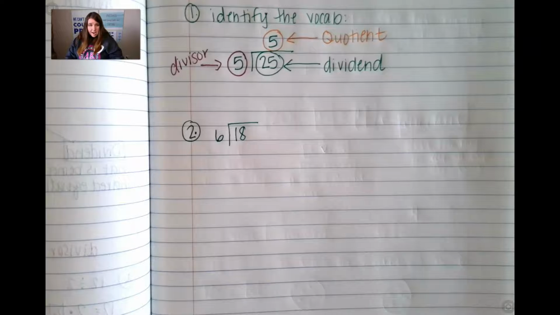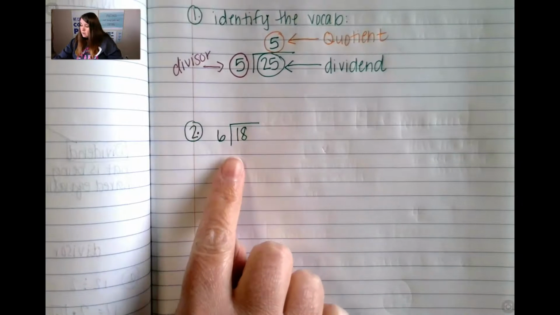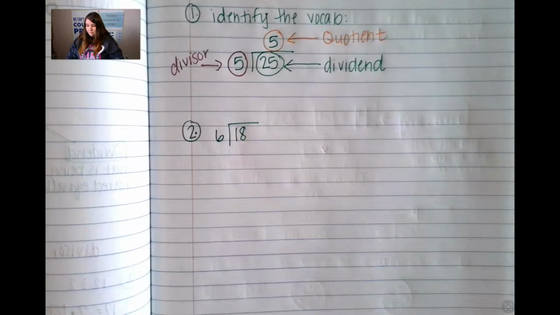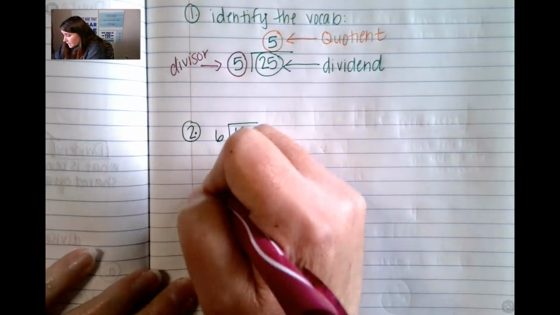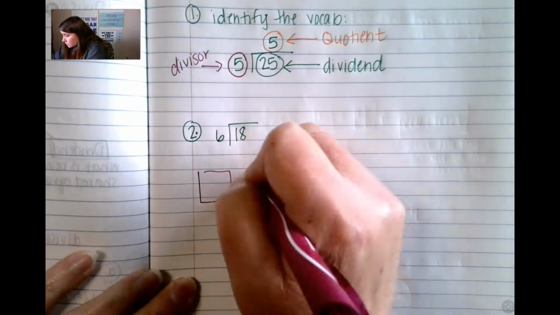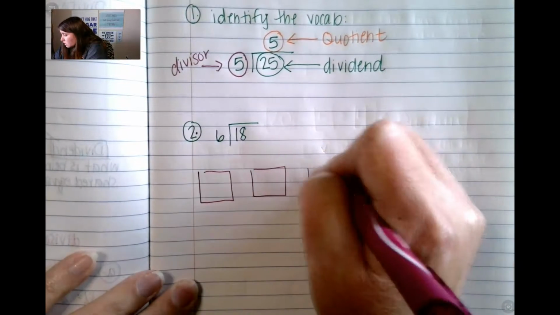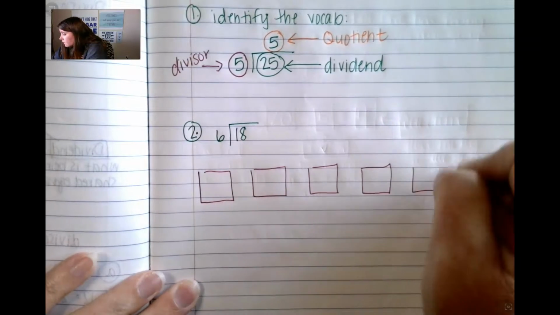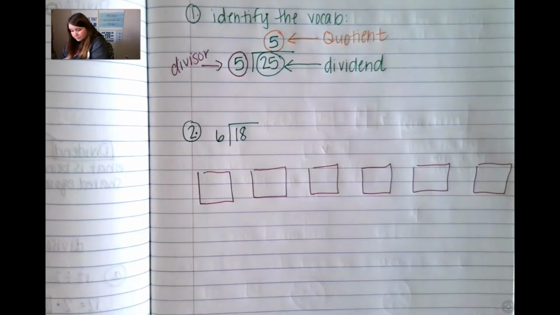Alrighty, and now, number 2. I have 18 divided by 6. So my first thing is I have to get 18 split into 6 equal groups. So I'm going to make 6 equal groups. 1, 2, 3, 4, 5, 6.